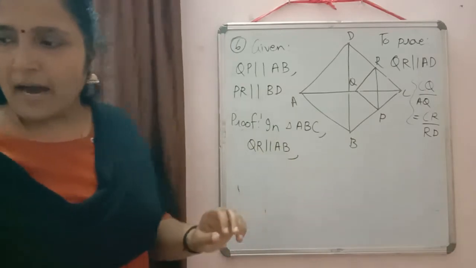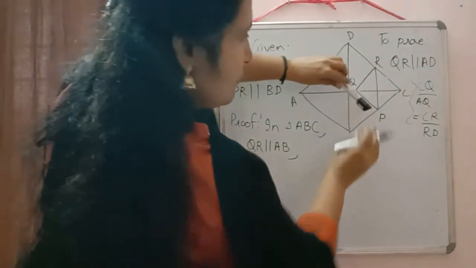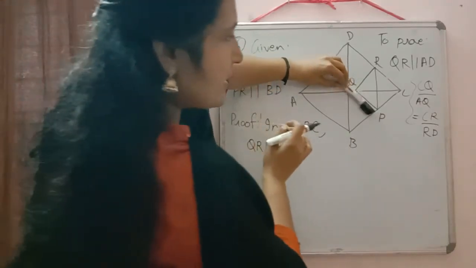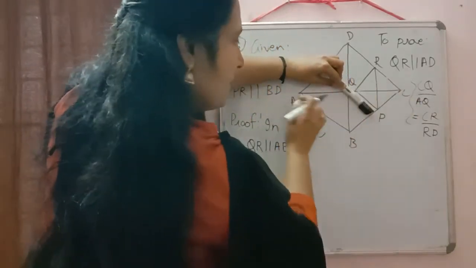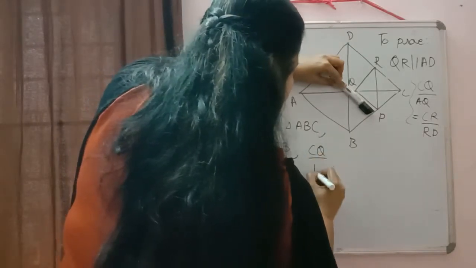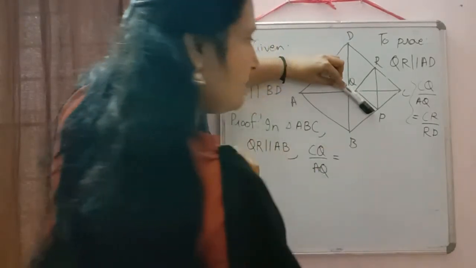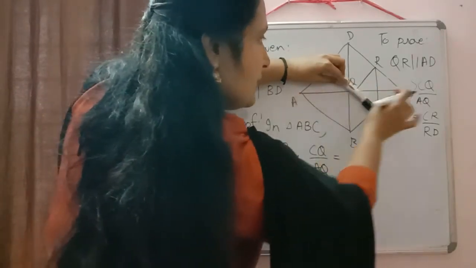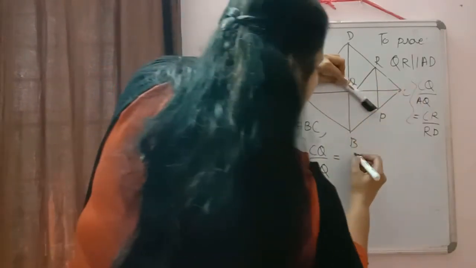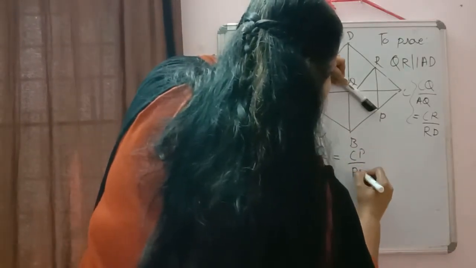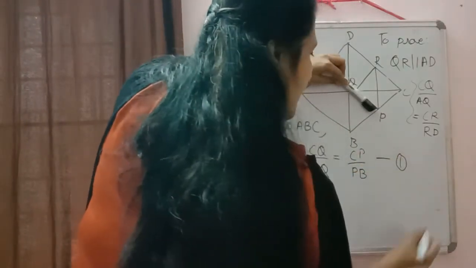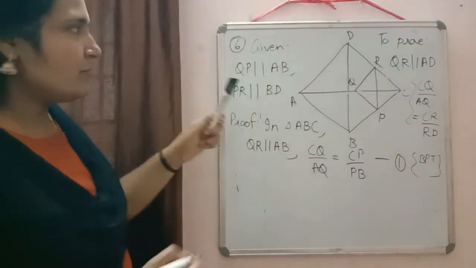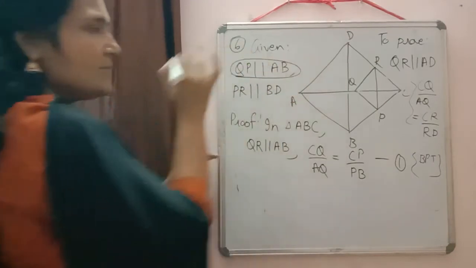So by BPT, CQ by AQ will be equal to CP by PB. Make it equation number 1. Write the reason, by BPT. So we used the first condition which is given.